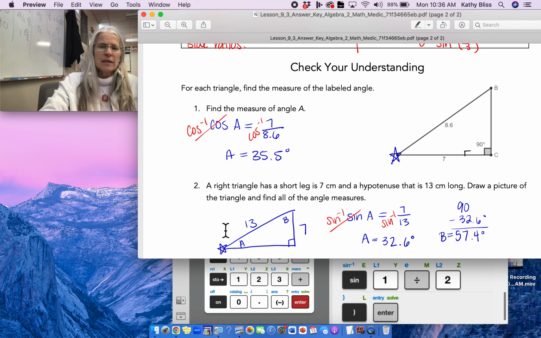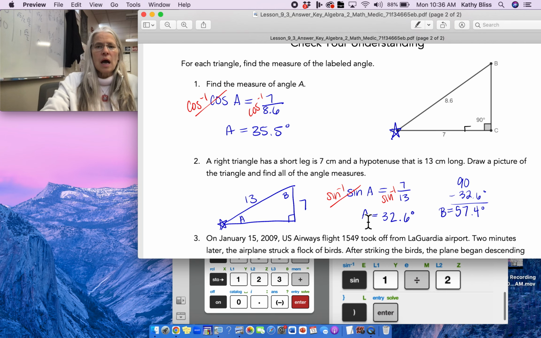So that's 7 and then 13. So opposite and hypotenuse. So opposite over hypotenuse is sine. Sine of A is 7 over 13. So that's going to give me sine^-1 of 7 over 13 is 32.6. And then to find the other angle, I'm just going to subtract it from 90. So that gives me 57.4.